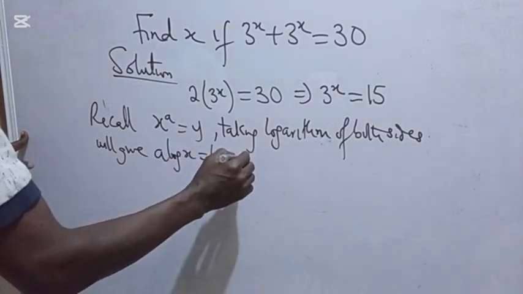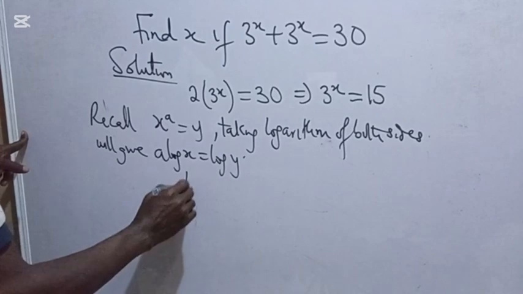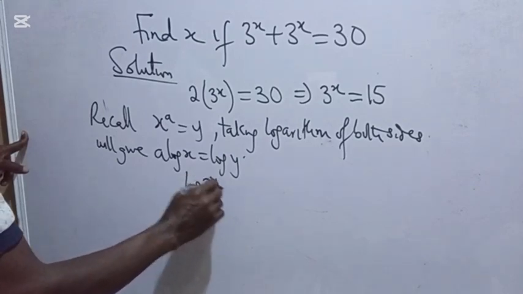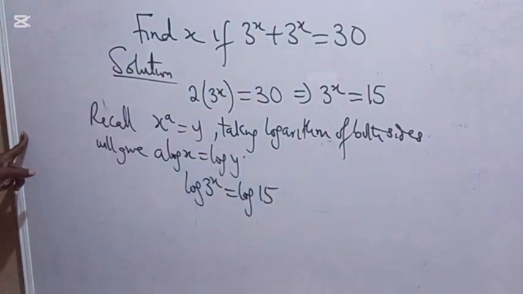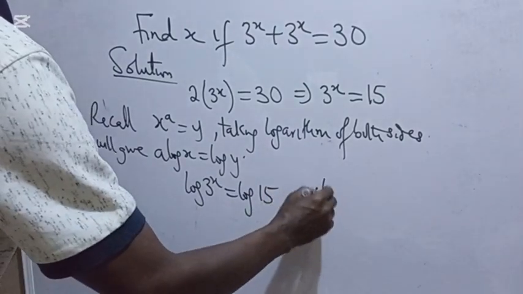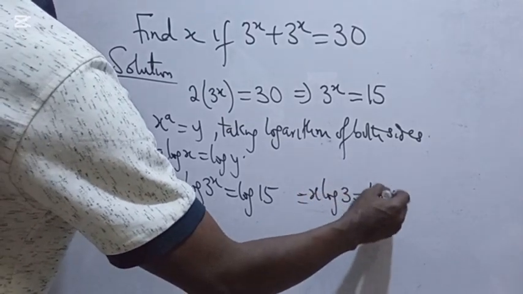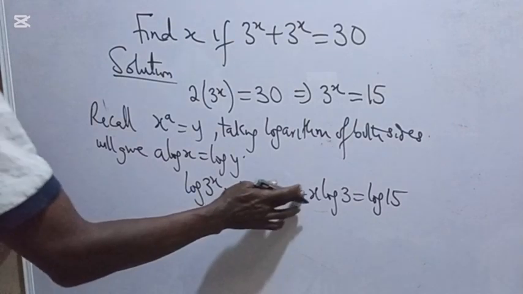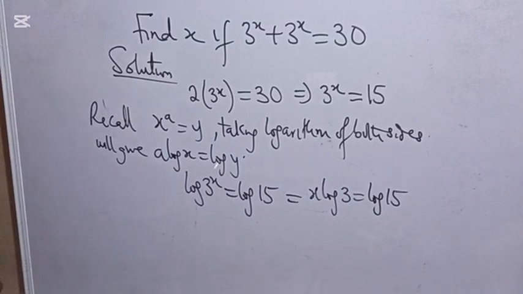That means taking log, 3 raised to x equals log 15. That will give us x log 3 is equal to log 15.